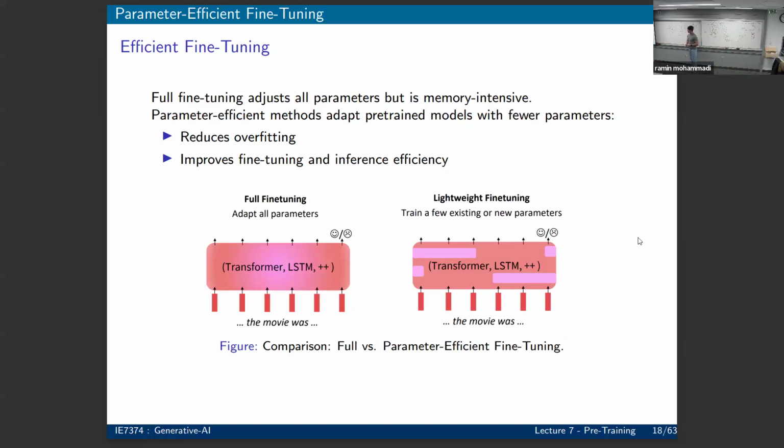We start with something called efficient fine tuning. The idea here is that you keep almost everything frozen except for certain layers. There are certain layers of the model that you let train in backward propagation, not everything.